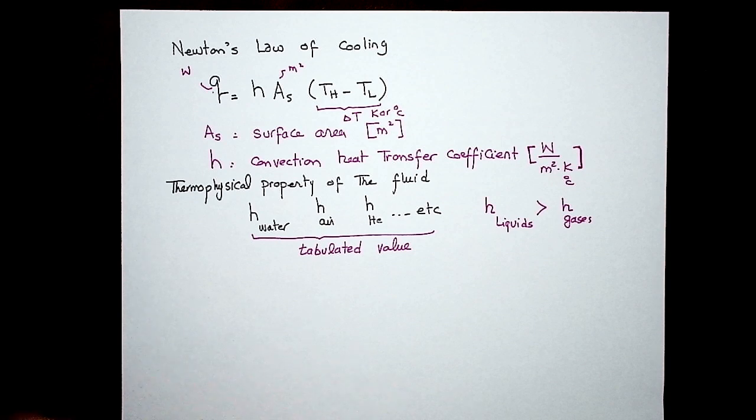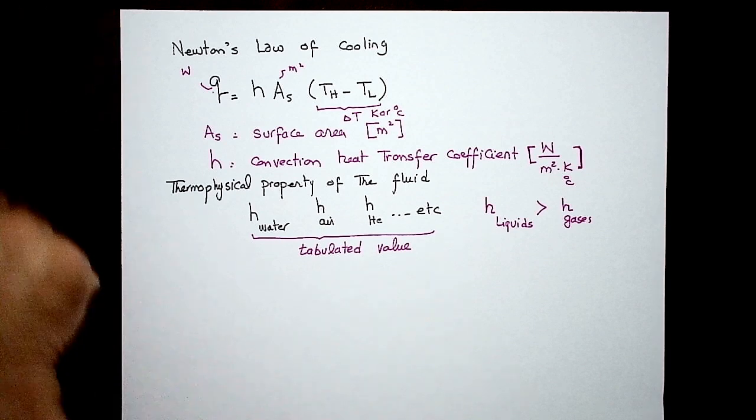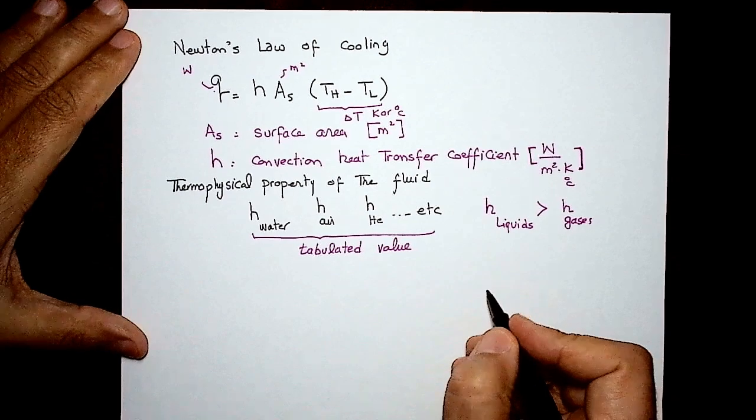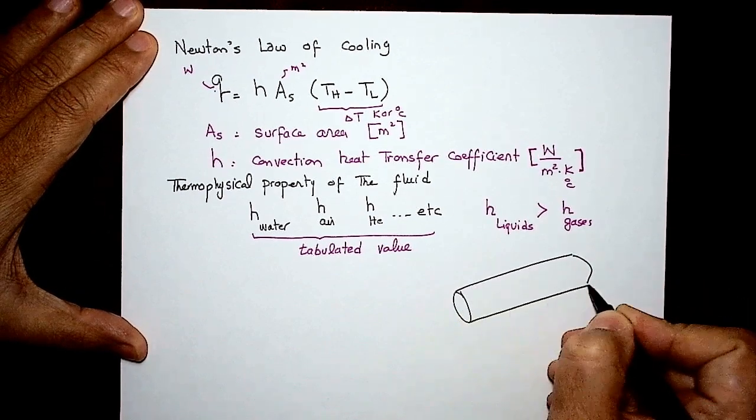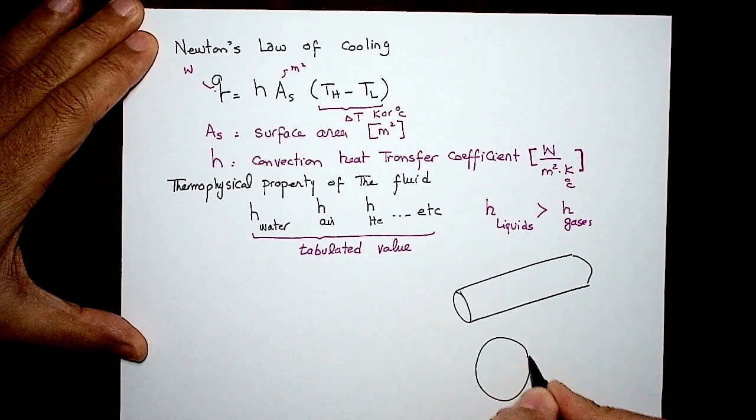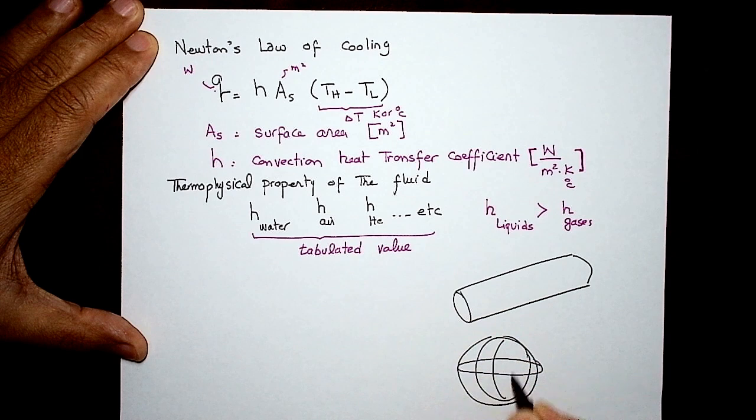So let's take a quick example here. Let's assume that I have a cylinder or a sphere. I'm trying to draw a reasonable sphere, okay?